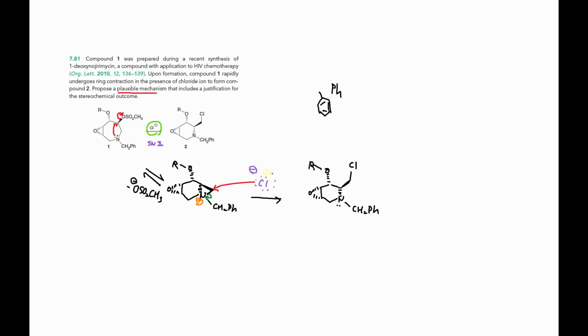Then the second nucleophilic attack, also SN2, happens with a chloride ion to break the bond between the nitrogen and the carbon in that triangle ring, because that's also very unstable with a plus charge, and there would be a lot of angle strain. So chloride comes to the rescue, and we form stable compound 2. So that's it.